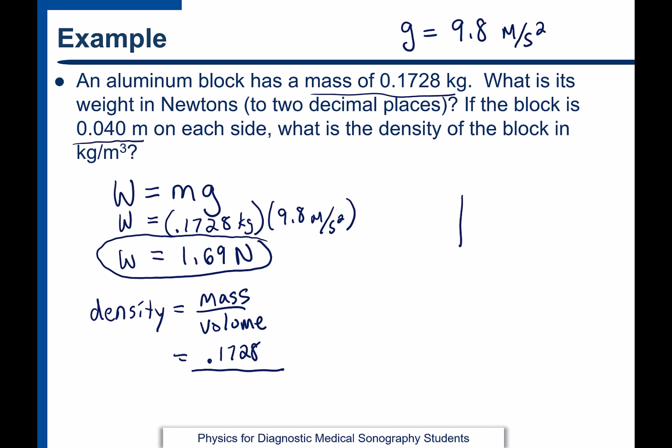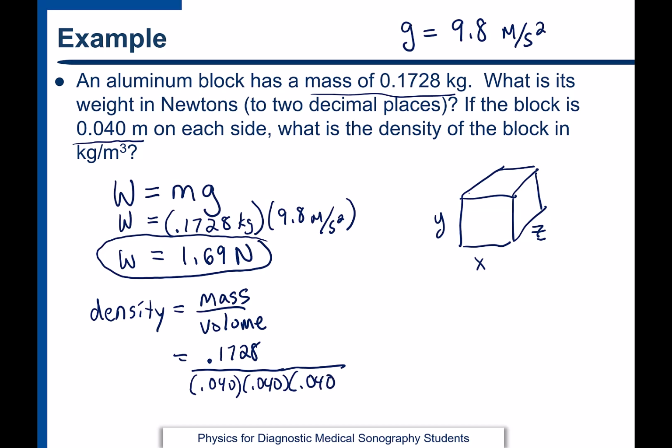So again, we know that if we have a block and we want its volume, we need to take the width of the block times the height of the block times the depth of the block and multiply them together. In this case, all of those measurements are the same. So you'd have 0.040 times 0.040 times 0.040. So if you do that math, you should get 2,700 kilograms per meter cubed. That is the density of aluminum.